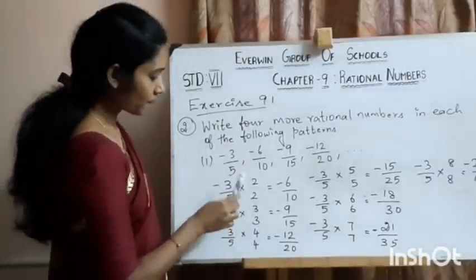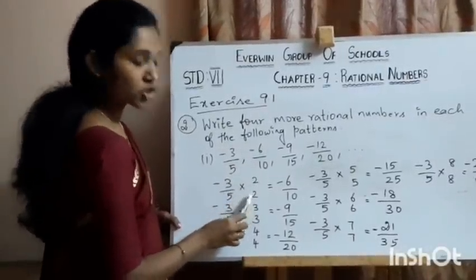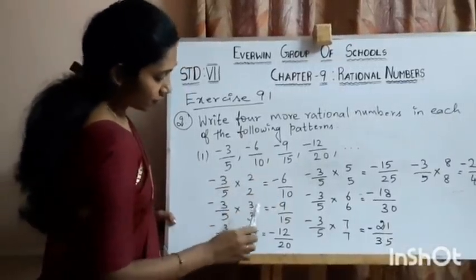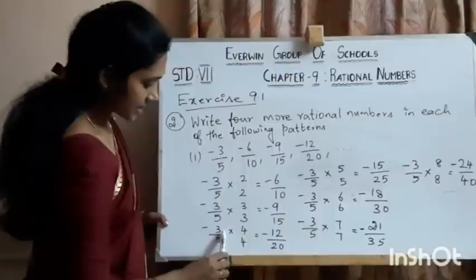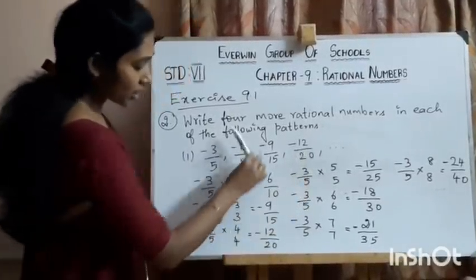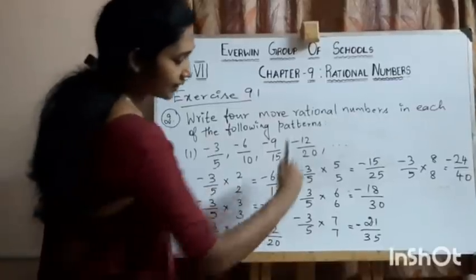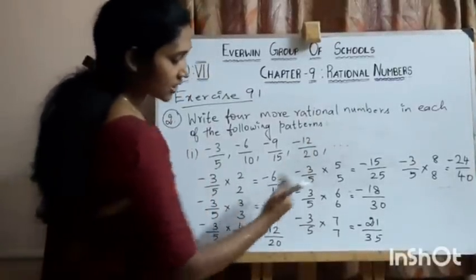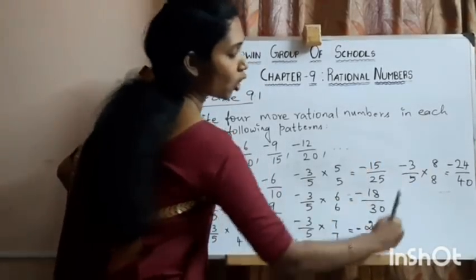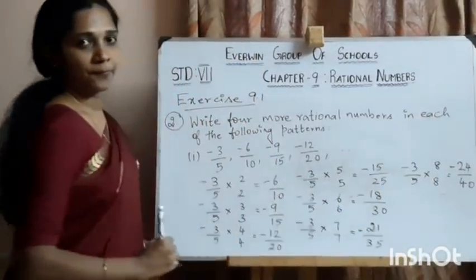So first they are multiplying it with 2. Next they are multiplying it with 3 and 4. Minus 3 by 5 into 4 by 4 is equal to minus 12 by 20. So continuing this way, we have to find the other rational numbers. So we shall continue with 5, 6, 7 and 8 and then we have got these rational numbers.